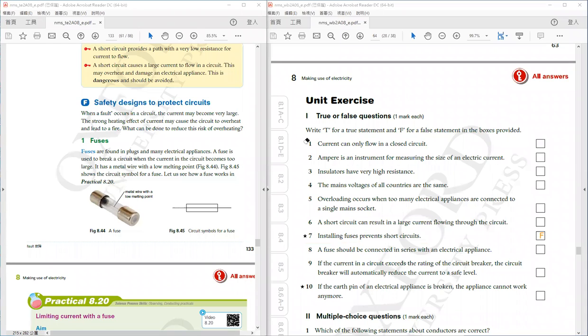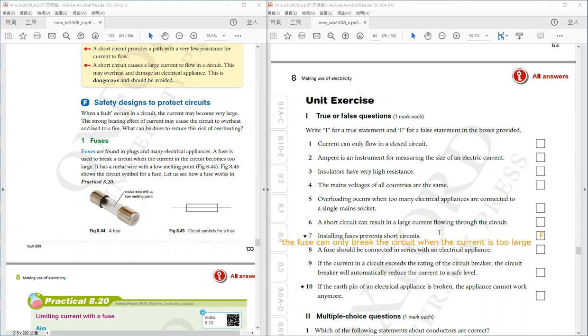Because the fuse can only break the circuit when the current is too large.